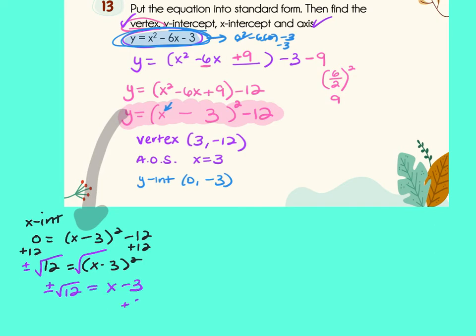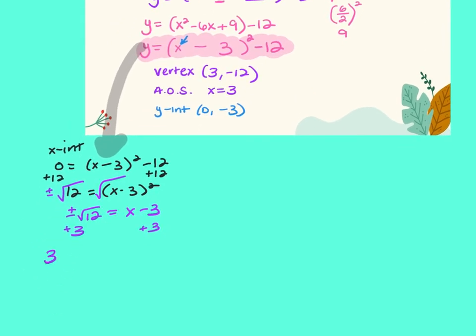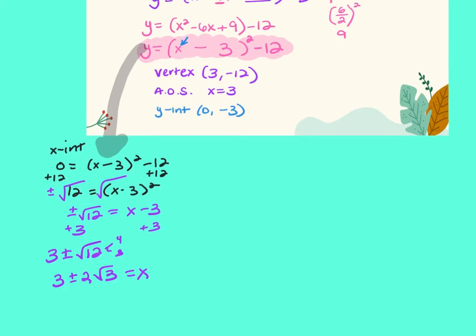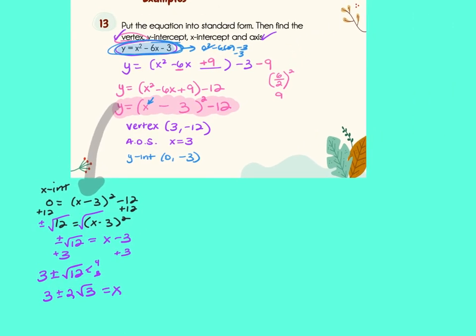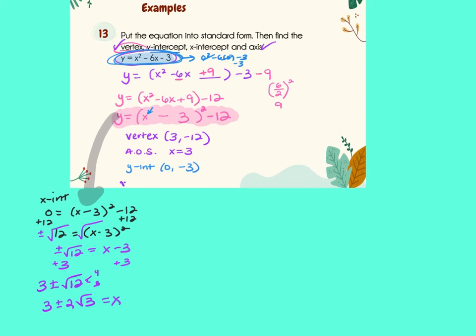And I add the 3. So I get 3 plus and minus the square root of 12, which becomes 2 root 3. So there are two x-intercepts: 3 minus 2 root 3, 0, and 3 plus 2 root 3, 0.